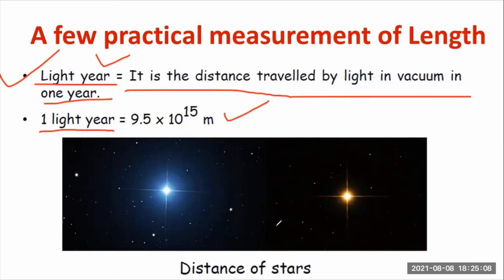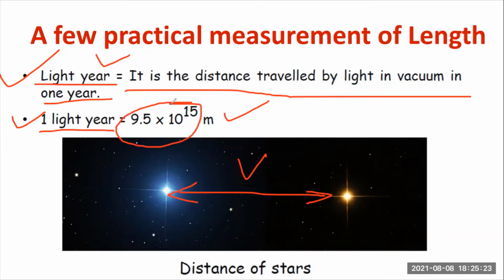If I talk about the distance of stars, you can explain the distance of stars with the help of the light year. Remember this particular point. See the dimension: 10 to the power 15, you can imagine. 9.5 into 10 to the power 15 meter is called 1 light year.